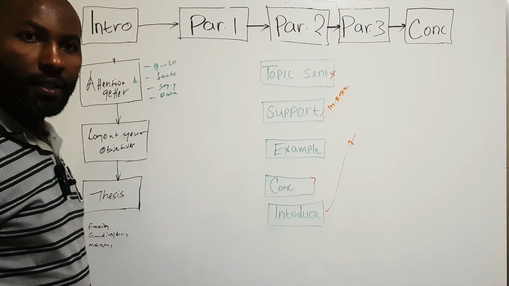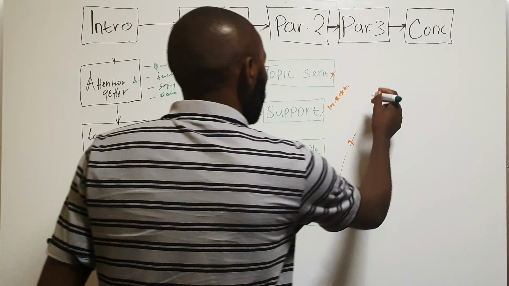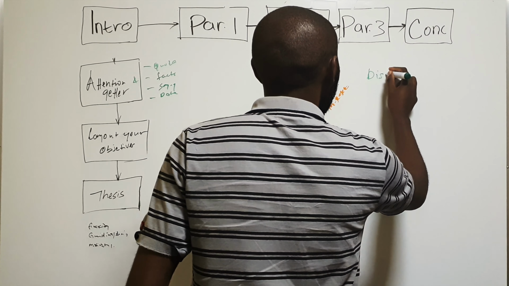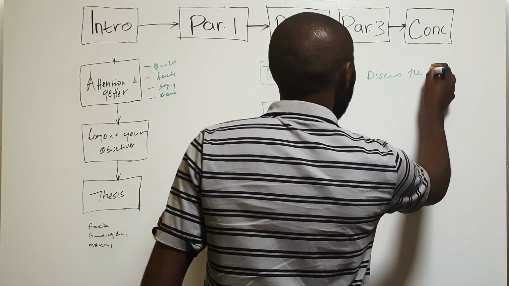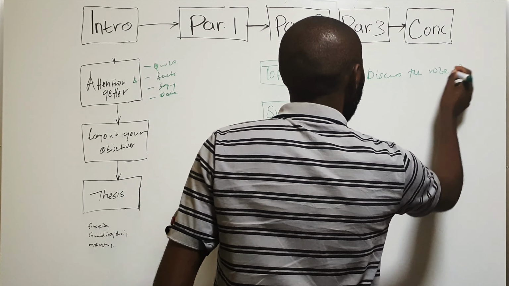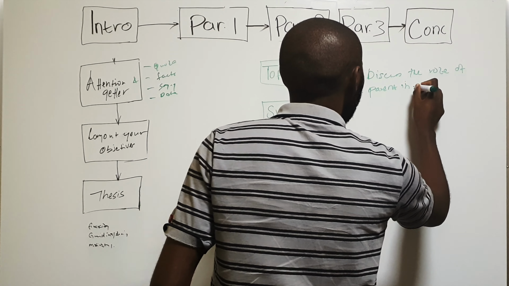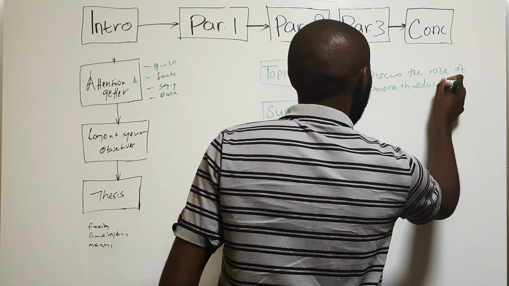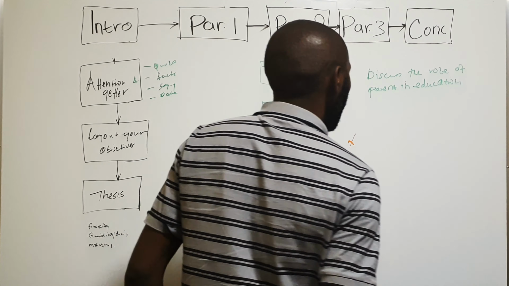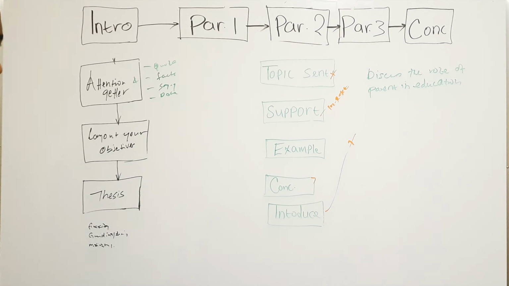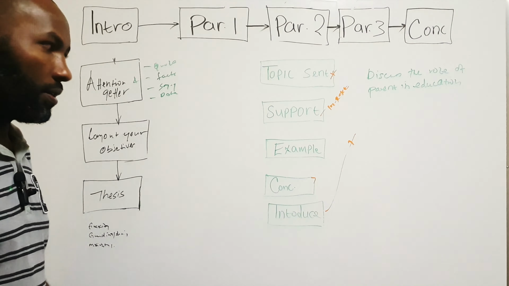For example, you could have a topic like: discuss the role of parent in education. Now, that's the topic we are working with. Discuss the role of parent in education.